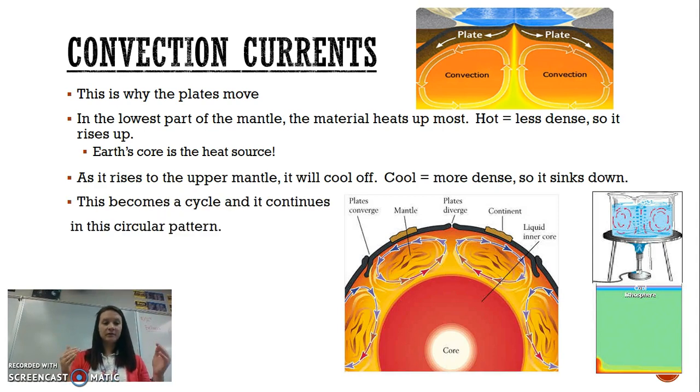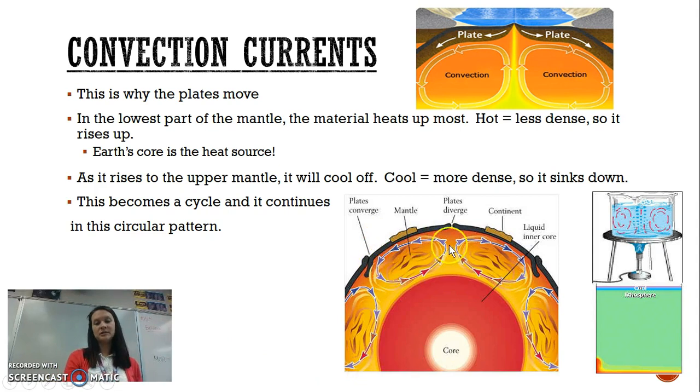And so we have a cycle now, because if the heat source is right here, the material warms up and rises, gets farther away from the heat source, so it gets cool and sinks down, where it warms back up and rises, and it cools off and sinks down. So it's this cycle that's happening all throughout the mantle.